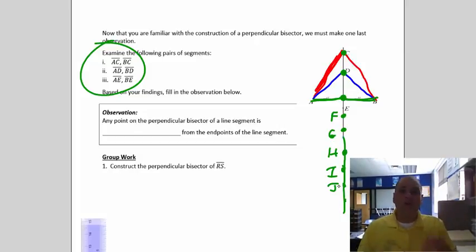You could keep going forever because there's an infinite number of points on that perpendicular bisector. Just because we stop drawing doesn't mean it stops. It keeps going forever.